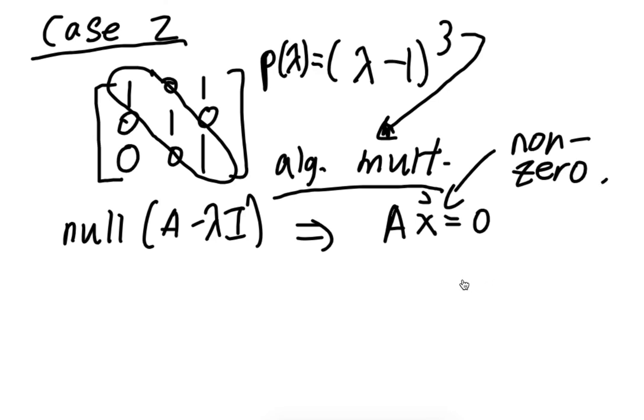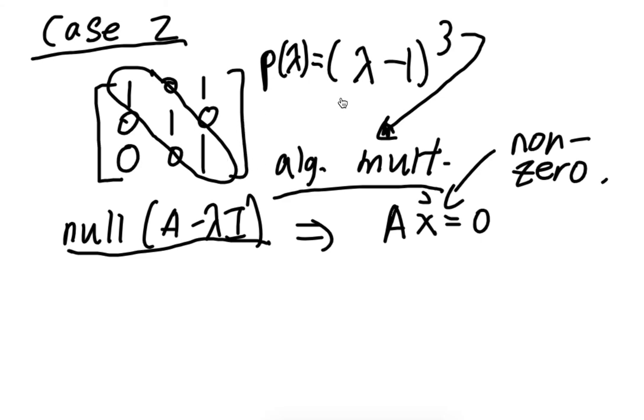And just refreshing your memory, when we're talking about a subspace, it has to include the zero vector, and it has a bunch of other conditions such as closed under vector addition and closed under scalar multiplication. But we know that the eigenvectors themselves can't actually form a subspace because they're non-zero by definition. But then you have the eigenspace, which includes 0 plus all the eigenvectors, and that will be a subspace, but that's beside the point. Let's get back to solving this and checking if this is diagonalizable.